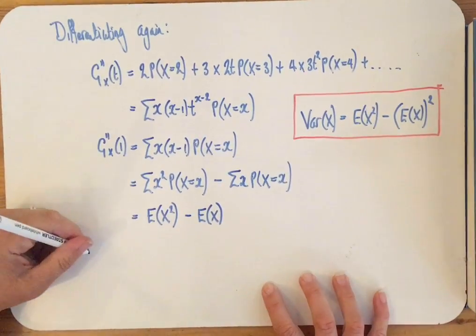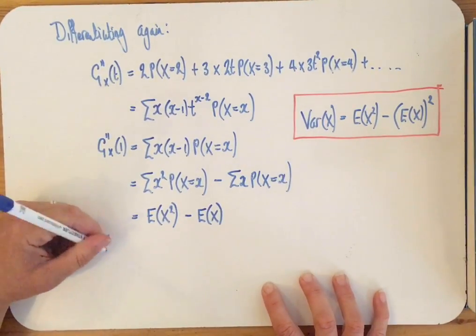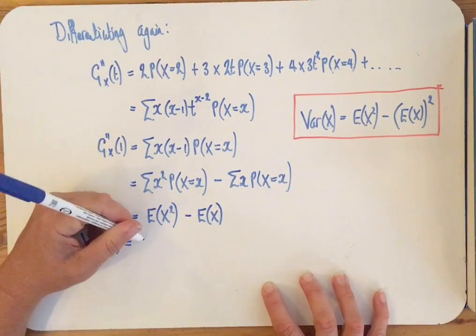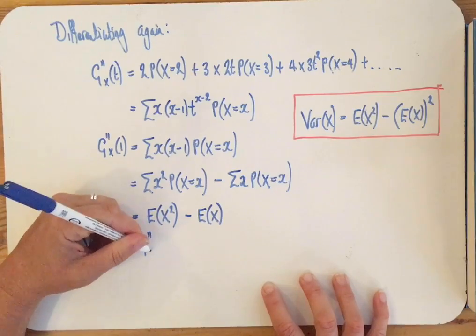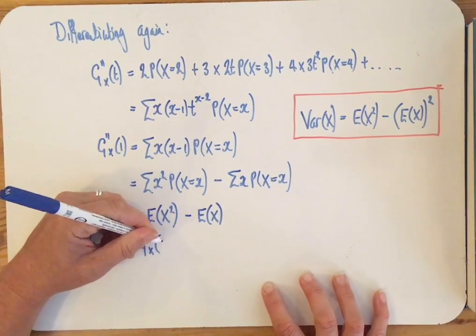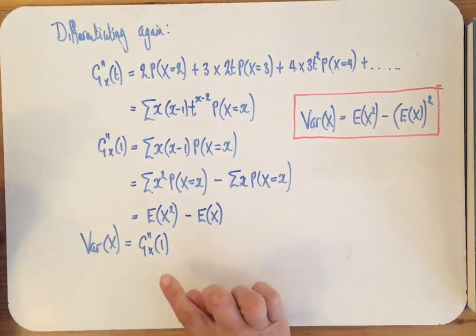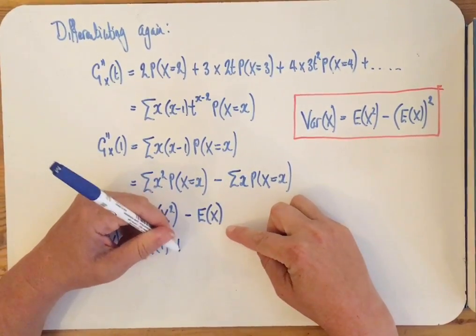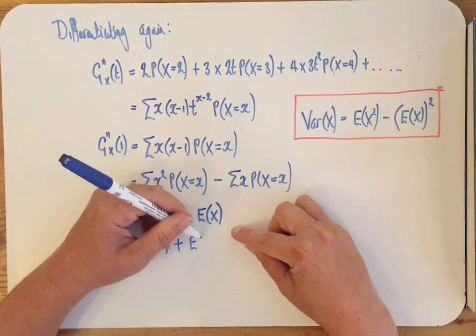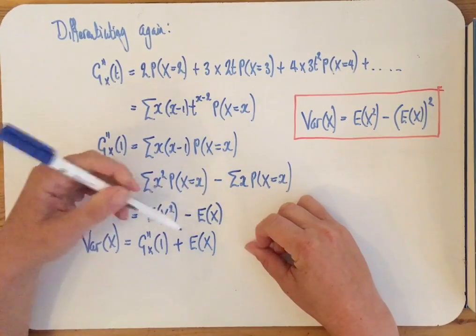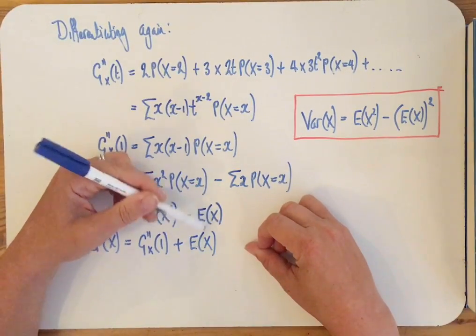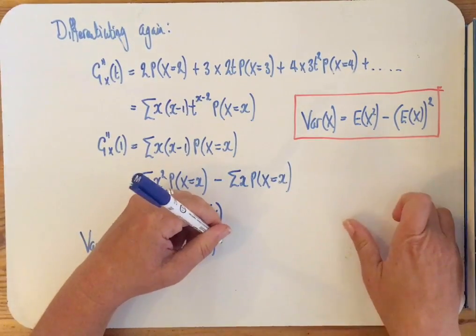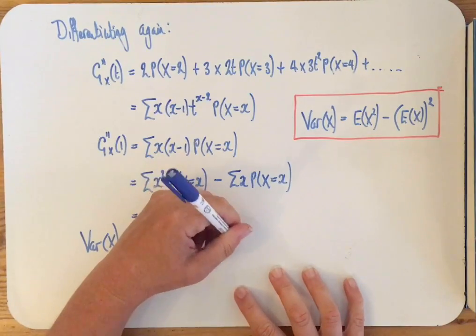And so the variance of X is equal to this lot here. So it's the second derivative of the probability generating function with 1 fed through it. And then I want to add on the expectation of X, so that gets rid of that. And then I want to take away the expectation of X all squared.